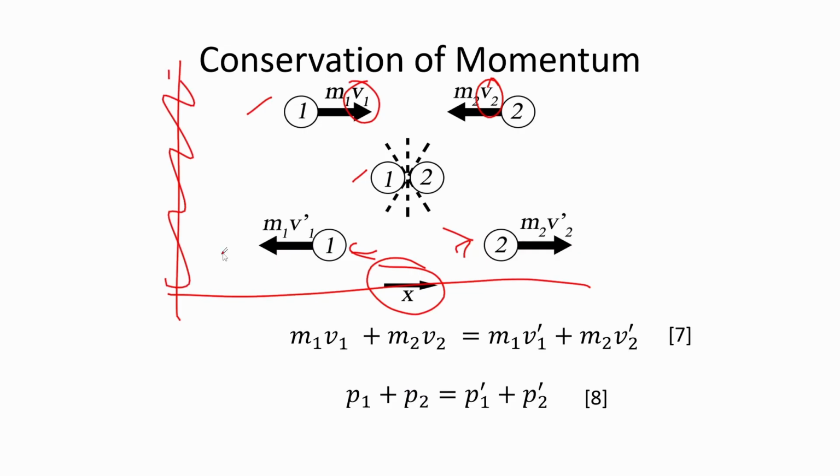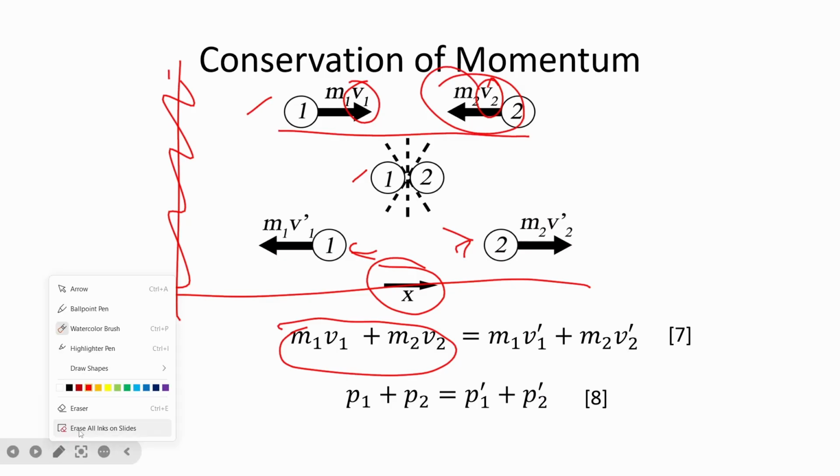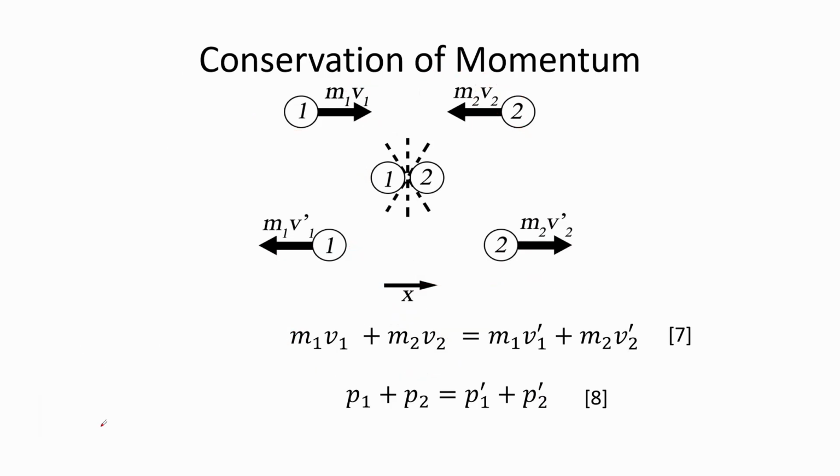So these are the same particles. What do you do? What equation will you use? Look at this. You have the initial condition: m1 v1 plus m2 v2. Can I erase this? Okay. So m1 v1 refers to this one, and m2 v2 refers to this.